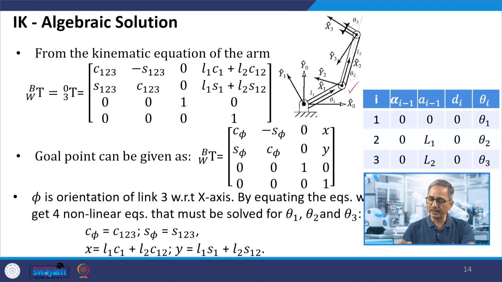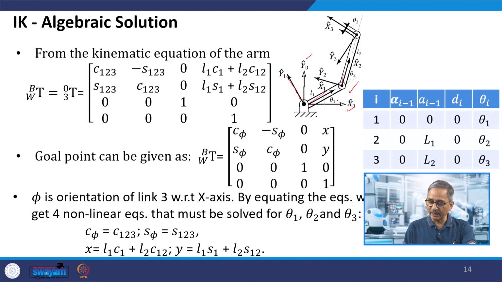Okay. It is a 3-link, 3 joint manipulator, and in this manipulator we can start with assigning the frames. So, this x0 y0 is the inertial frame or base frame. Then I have x1 cap y1 cap, which is attached to the first link, x2 cap y2 cap is attached to the second link, and x3 cap y3 cap is attached to the third link.